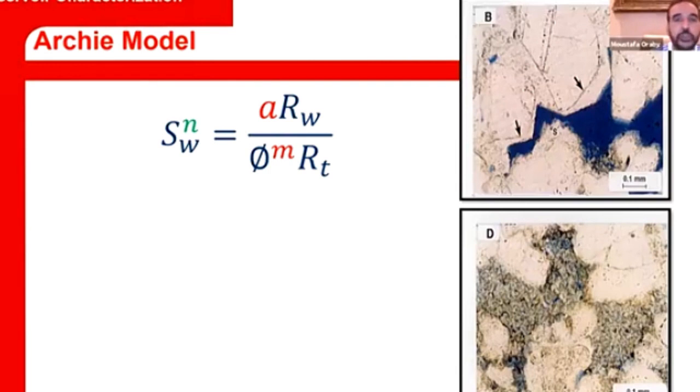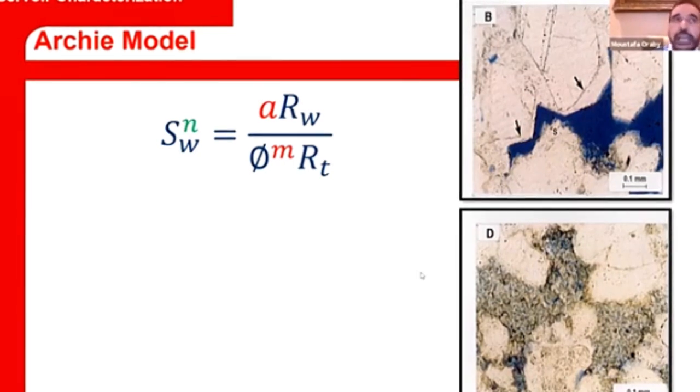No. So that's why Archie says, don't even use my model if you have clays, because my model doesn't have any clay information in it. My model assumes your rock has no clay, so my model works only in this one, but it will not work in this case. So when you apply your fluid saturation, make sure you understand your rock.